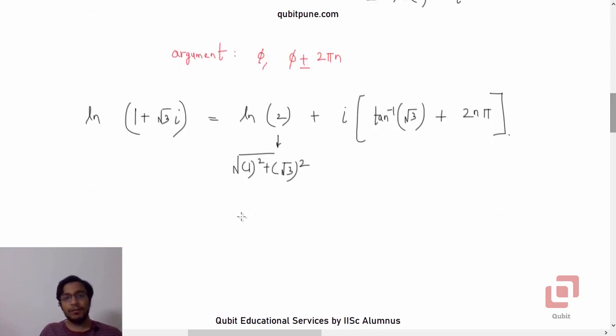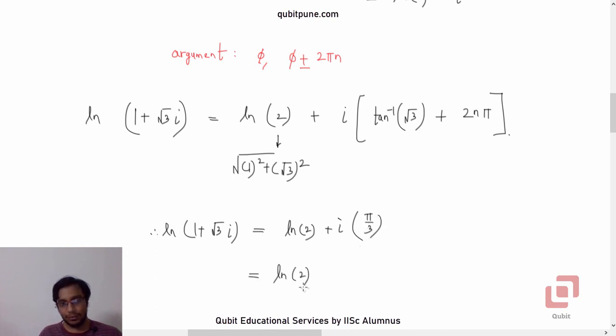And therefore we will get multiple values for logarithm of 1 plus root 3i, don't we? The first value is log of 2 plus i times pi by 3. But we may also take it as log of 2 plus i times pi by 3 plus 2 pi, one of the other values.